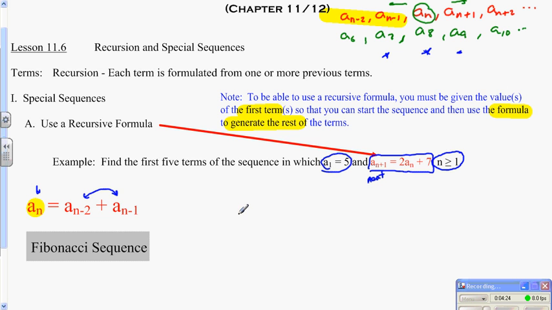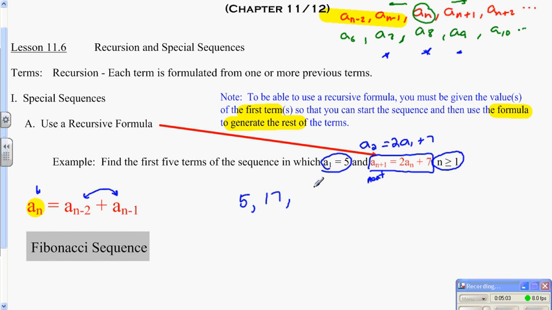Okay? So if we start with 5, the algorithm says, okay, so this is a sub 1. You're going to take it times 2, which gives you 10, and add 7, and you get 17. So in other words, a sub 1 times 2 plus 7 will give you a sub, now remember, a sub 1, so this n is a 1. 1 plus 1 will give you the second term.